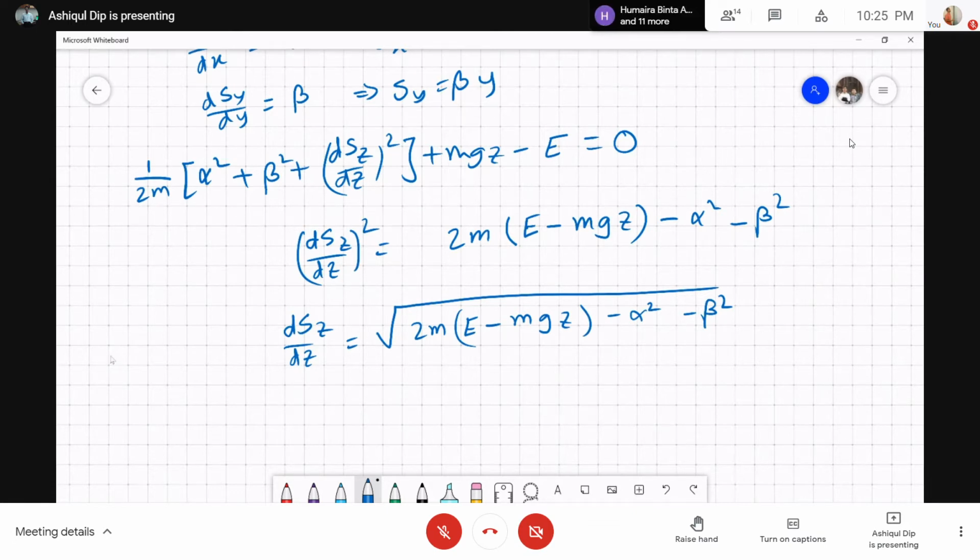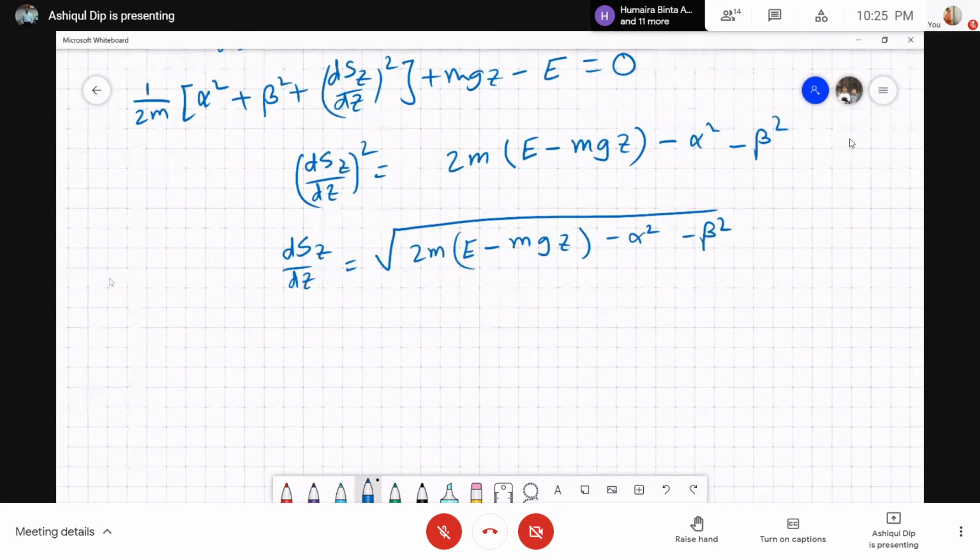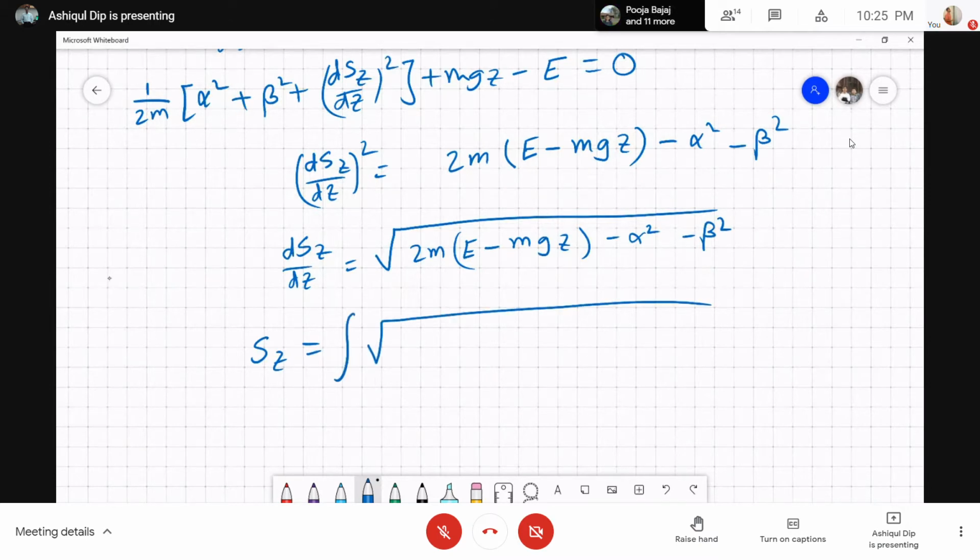That would be more productive, but okay for now. So Sz is the integration of the square root of 2mE minus alpha squared minus beta squared minus 2m squared gz, right?